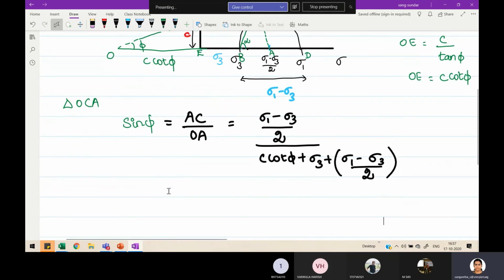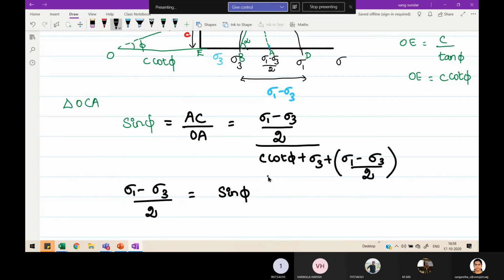If I simplify, then sigma 1 minus sigma 3 divided by 2 is equal to, multiplying with the sin phi denominator, sin phi into C cot phi plus, see here sigma 3 is there, here minus sigma 3 by 2 is there.